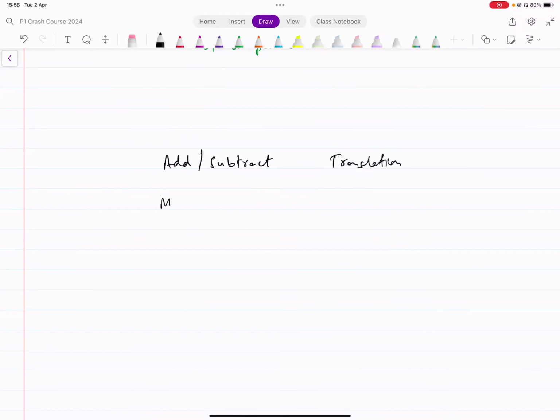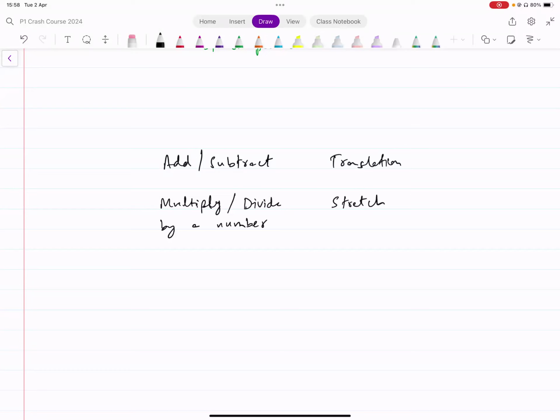When you have a number multiplied or divided, multiply or divide by a number, what happens in that case? You have a stretch.